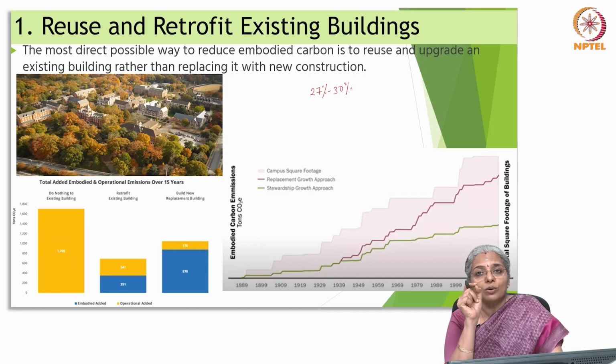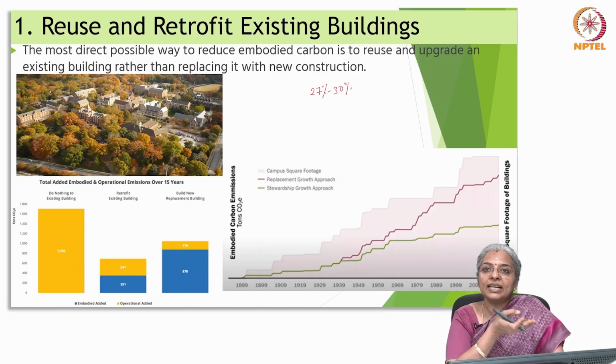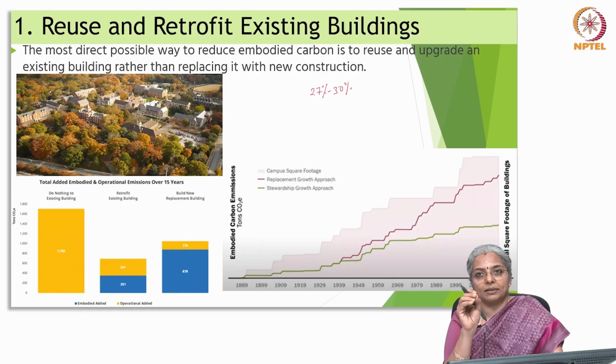Now, there is also a critical time component for reusing what we already have. For buildings built between today and 2050, more than half of their carbon emissions will be from embodied carbon.